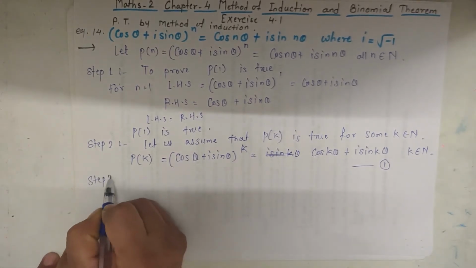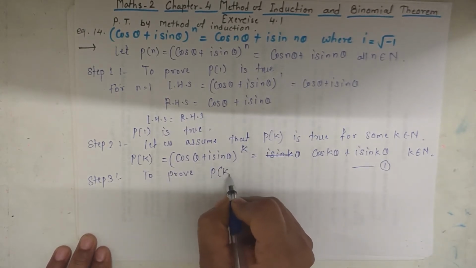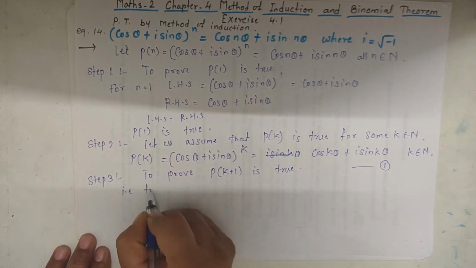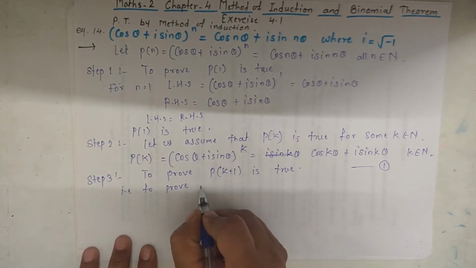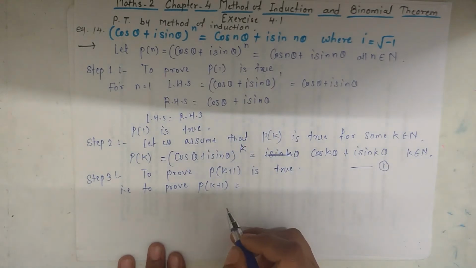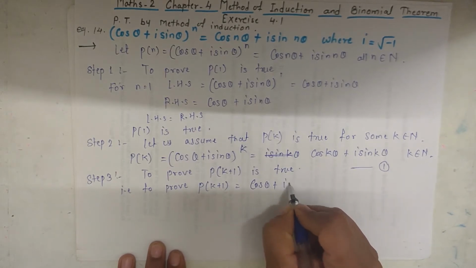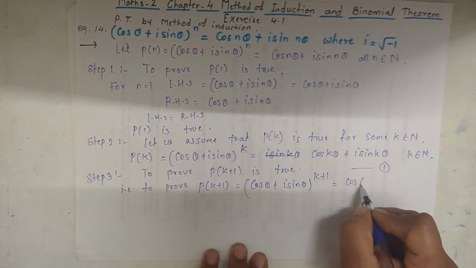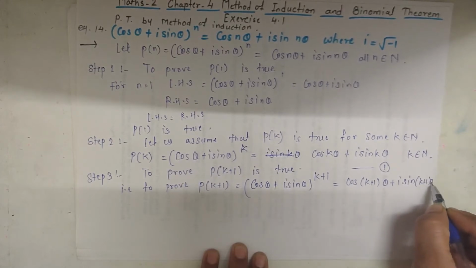Now in step 3, to prove that P(k+1) is true, P(k+1) is the given statement in terms of k+1. The LHS is (cos theta + i sin theta)^(k+1), and in the RHS, cos (k+1) theta + i sin (k+1) theta.